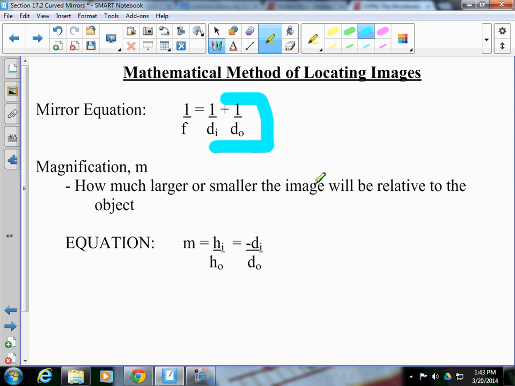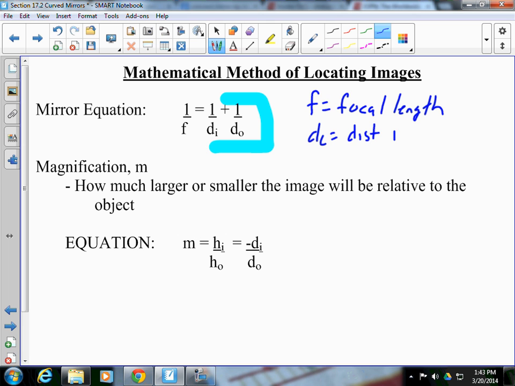Here, f is the focal length, di is the distance of our image, and do is the distance of our object.